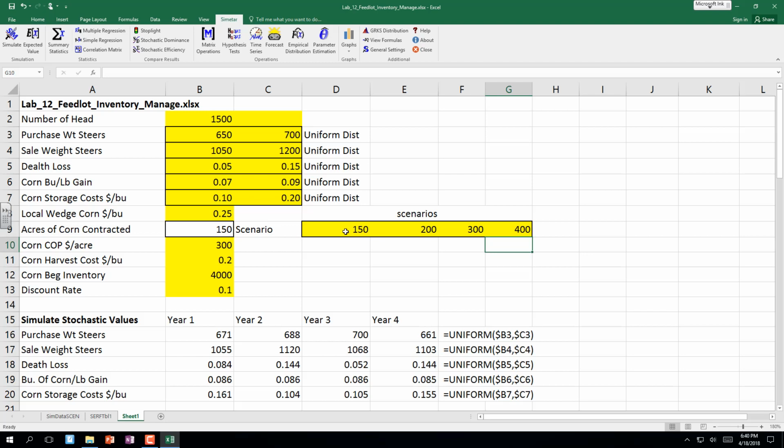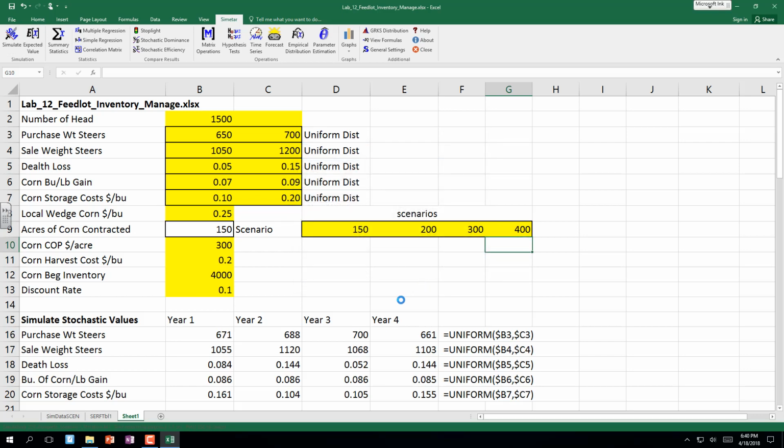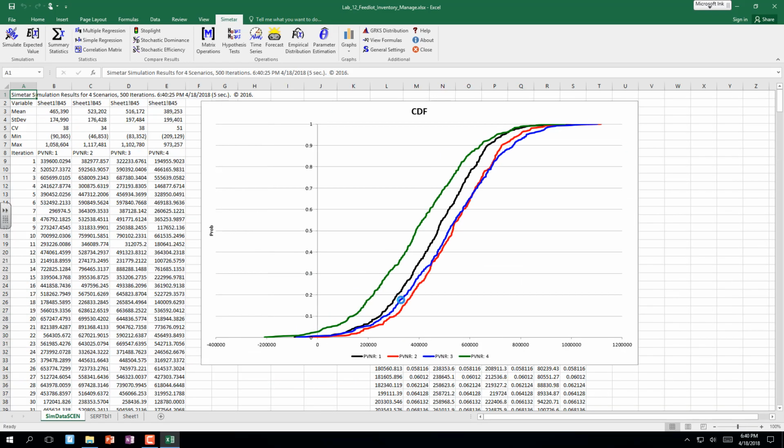Okay, how much corn do you order? How many acres do you contract for? So we can set up a what-if question right here, simulate that, and see what the advantages or disadvantages are. If you start producing a lot of surplus corn, that's scenario 4 where we had 400 acres, what does it do?